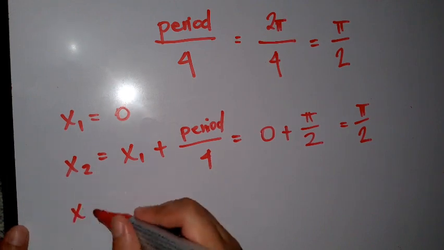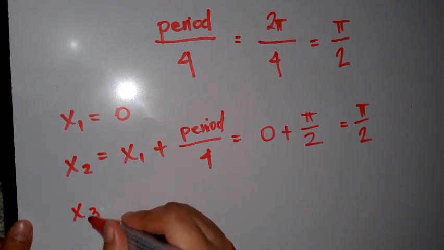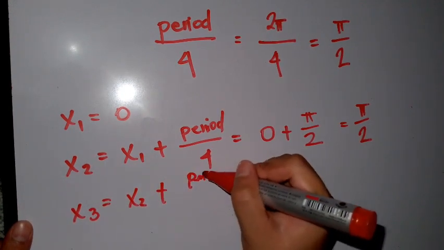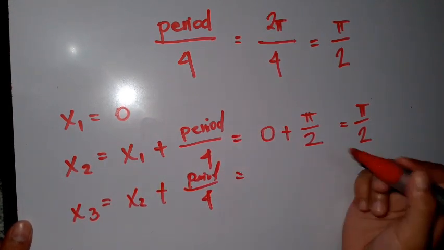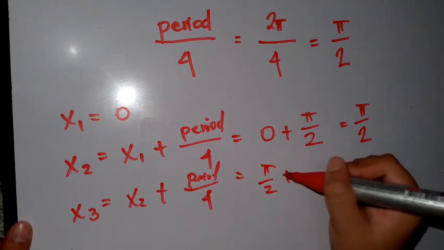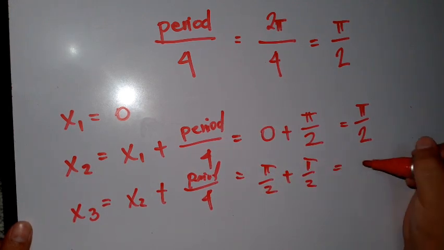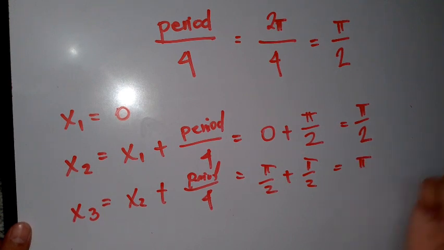Until we come up to x sub 5. We have x sub 3, which is x sub 2 plus period over 4. We have pi over 2 plus pi over 2, which is pi.